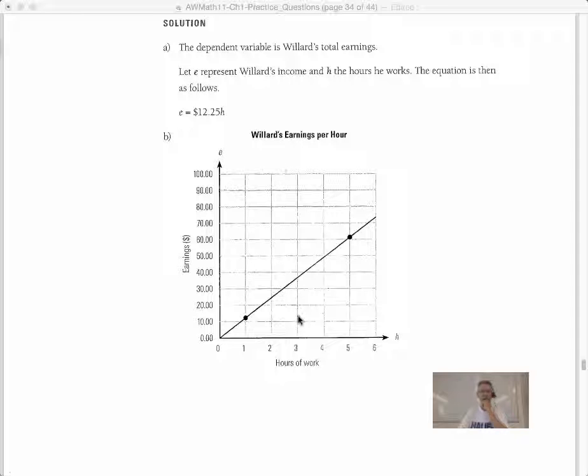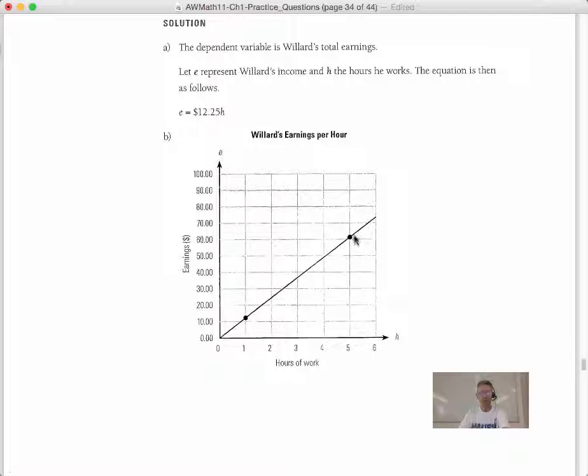We can graph this. So dependent is the earnings, goes on the y-axis always. The independent time typically is always on the x-axis. And we can see that if he works 1 hour, he gets paid $12.25. And if he works 5 hours, he gets paid 5 times that amount. You can do that on your calculator and plot another point up here if you like.